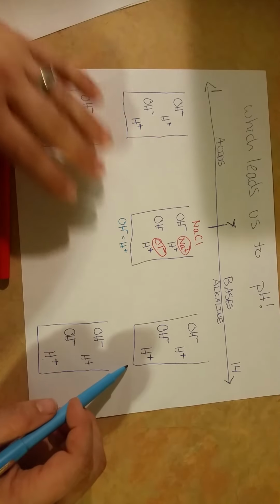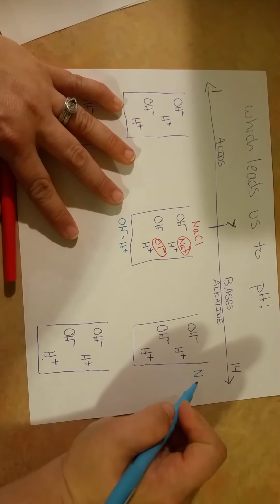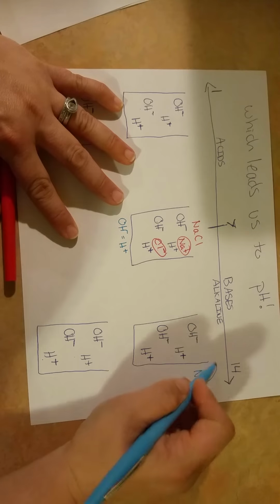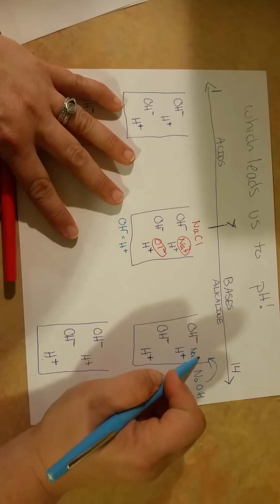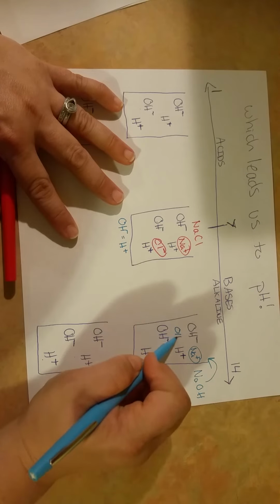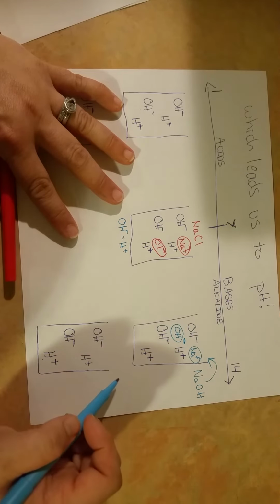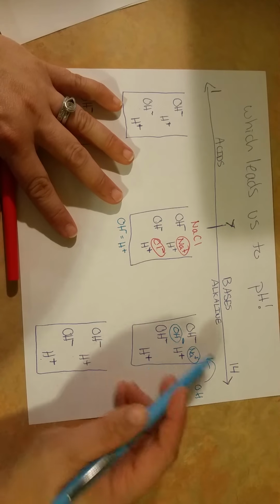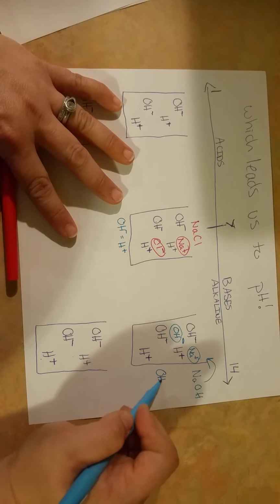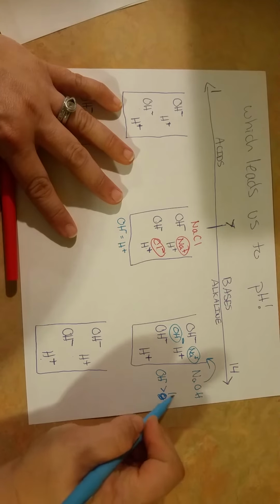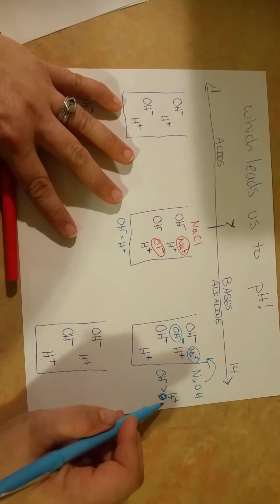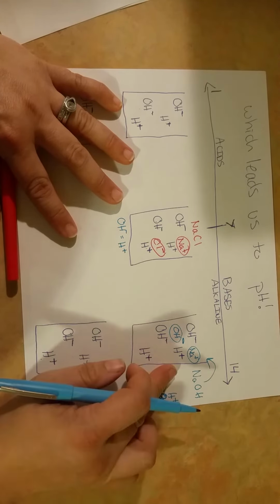Now, if we come over here to this beaker, if I add something like sodium hydroxide to this beaker, this is going to separate into sodium ions and hydroxide ions. Uh-oh, take a look what happened here. I now have 3 hydroxides and 2 hydrogens. I have more hydroxides than hydrogens. That is what makes something a base.